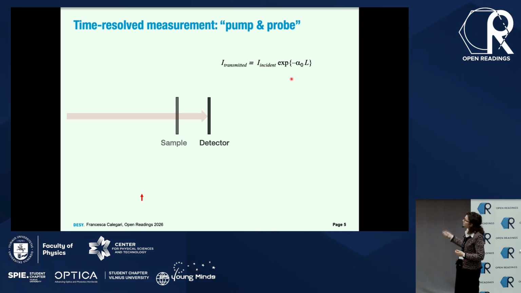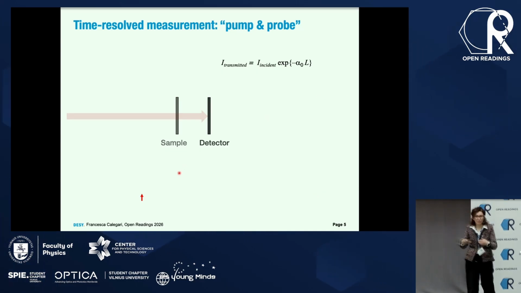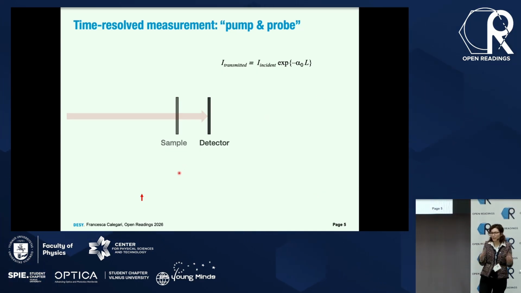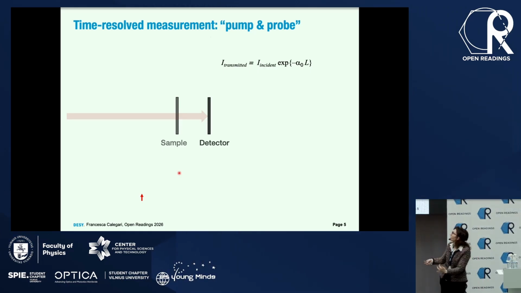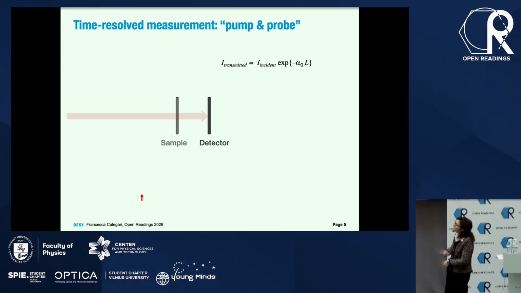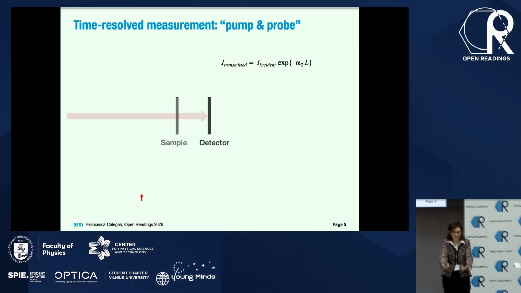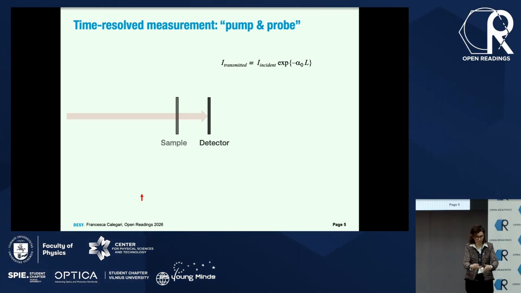You look at the light which is absorbed by your sample. There is a very simple law here, the Beer law for the absorption of light, that will show you, okay, light has been absorbed, so there is matter there, and it's interacting with light and absorbing light. This is a static measurement, so it will not give you any information about the dynamics which is happening in matter.